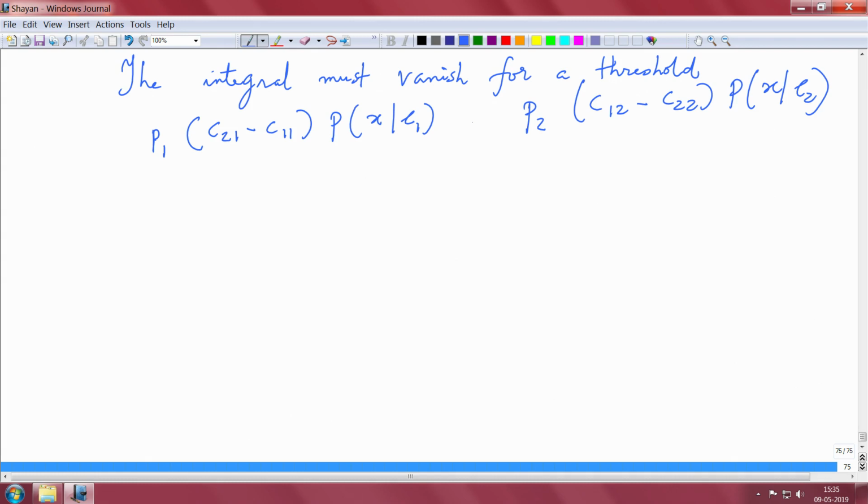But when we have to decide on this classification problem, if these two quantities are related by an inequality, if P1 times this is greater than this, then we decide x belongs to class 1, and x belongs to class 2 otherwise.